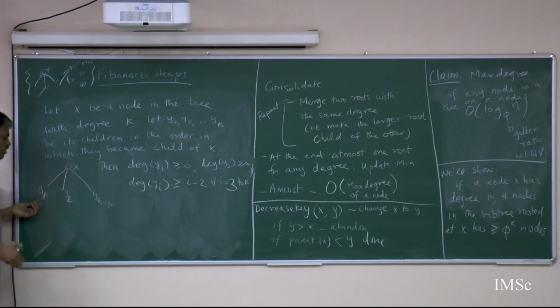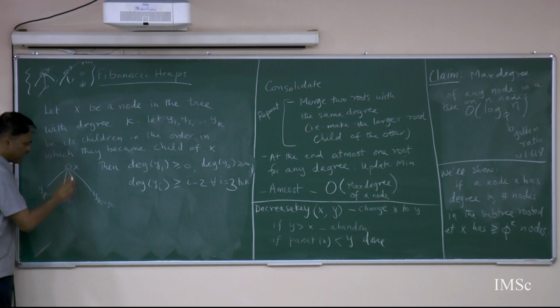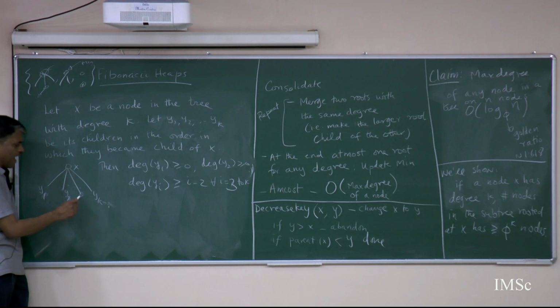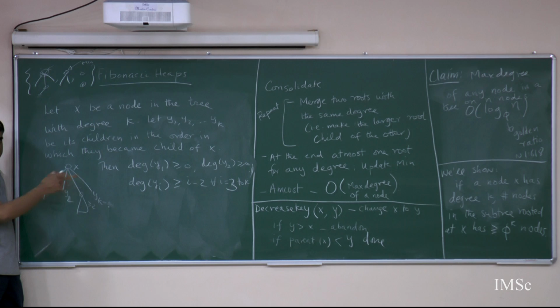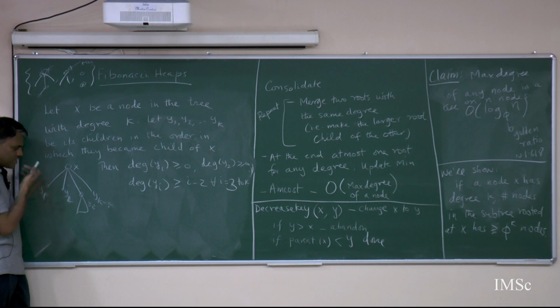So degree of y1 is at least 0, y2 at least 0, so I'm not saying much. But if you look at y3, its degree at the time when it became a child of X must be at least 2, because y1 and y2 must have been there, since I'm considering them in the order in which they became children of X. So its degree must have been at least 2, and it might have lost one child.